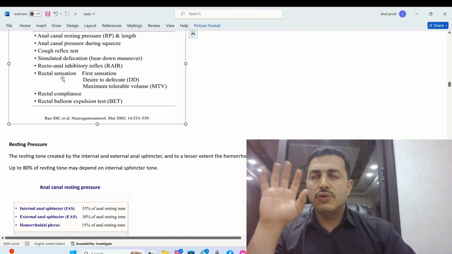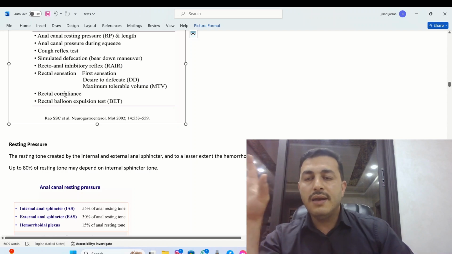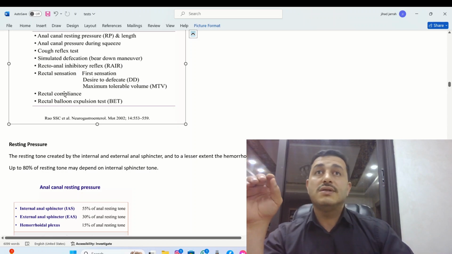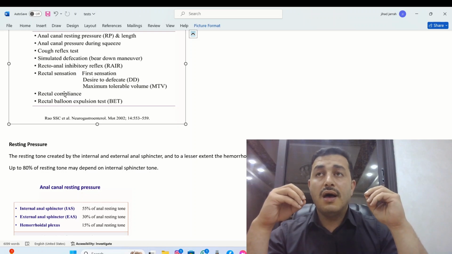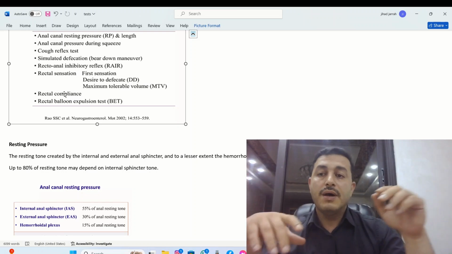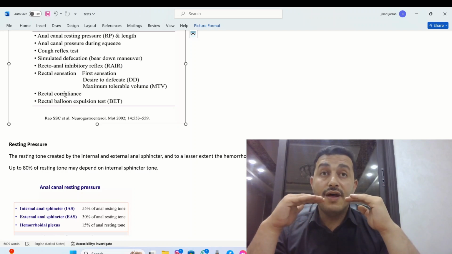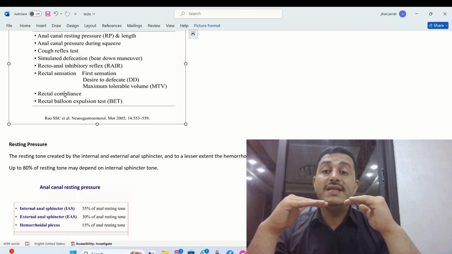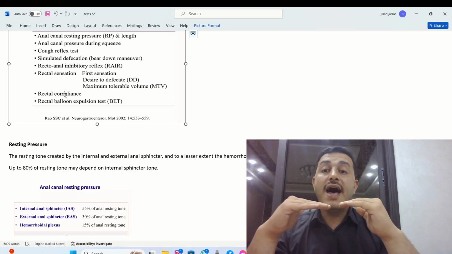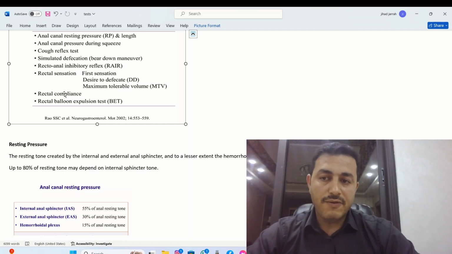We check the rectal sensation, which is important. When we talk about the rectal compliance and rectal sensation in the physiology of the anal canal, we said some patient may lose the rectal sensation and megacolon can develop. And rectal sensation, we will see, should be detected at the first sensation, the sensation when we desire to defecate, and the sensation with maximal tolerable volume.